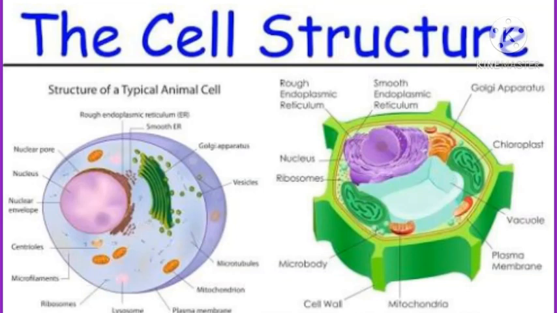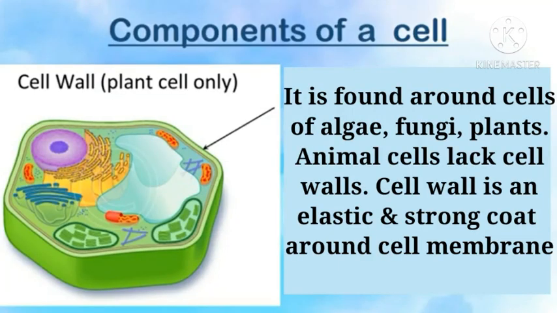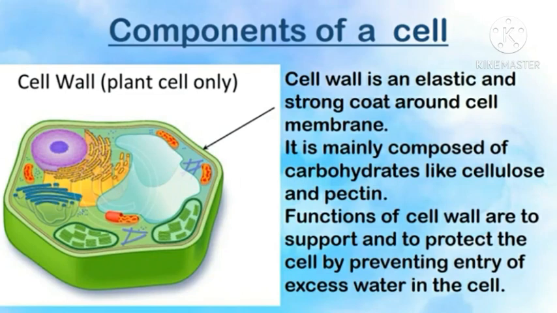So first of all, cell wall. It is found around cells of algae, fungi and plants. Animal cells lack cell wall. Cell wall is an elastic and strong coat around the cell membrane. It is mainly composed of carbohydrates like cellulose and pectin.